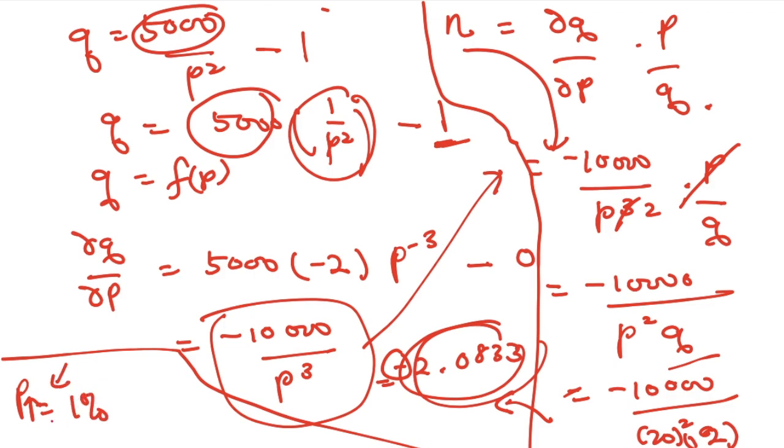I just write the short form because I'm not attending the quiz or exam. In the exam, you have to write full sentences. When the price increases by 1%, not 1 unit, 1%, quantity demanded decreases. Why do we say decreases? Because of the minus sign that we get here. Decreases by 2.0833%. That's the answer for the interpretation.